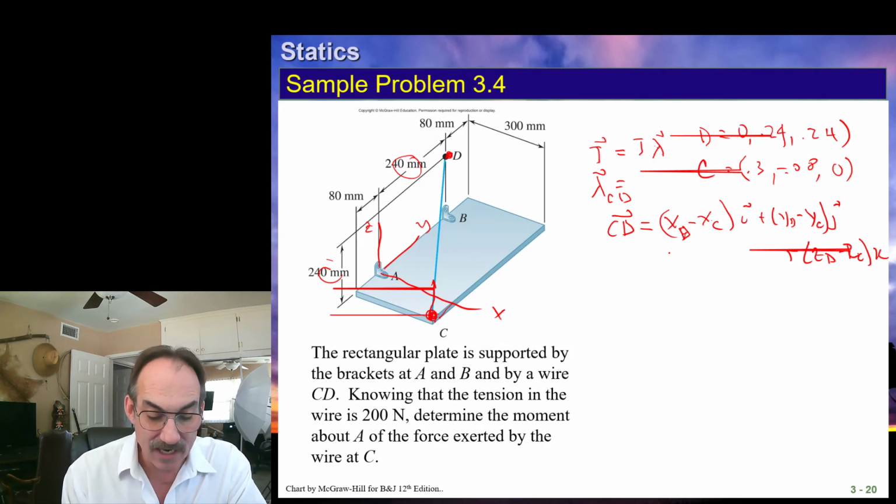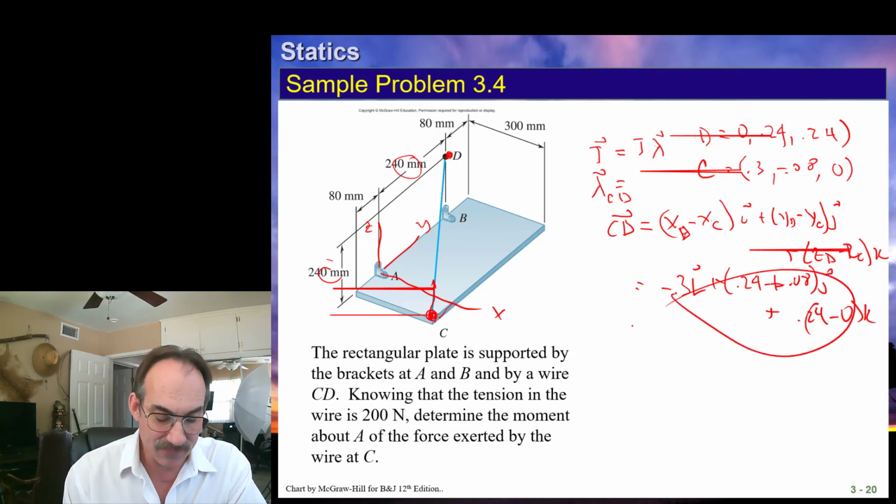So that means it's 0 minus 0.3, so it's minus 0.3i. We have 0.24 minus minus 0.08, which is actually a plus 0.08j, and then we've got 0.24 minus 0 k. Got that? That gives us our CD.